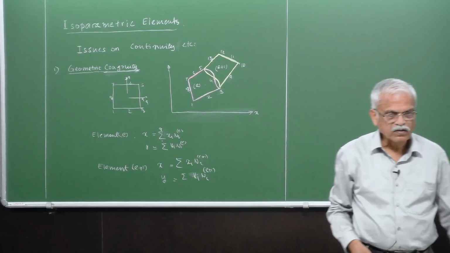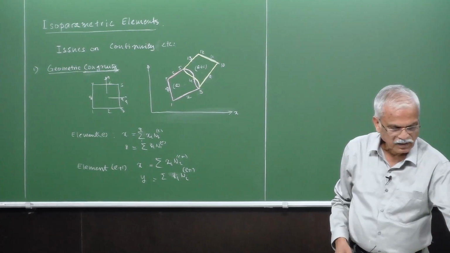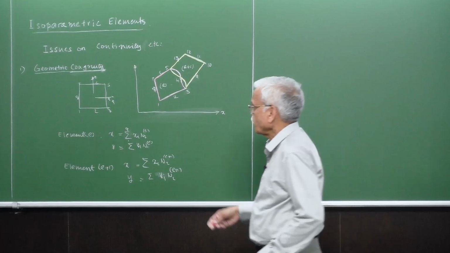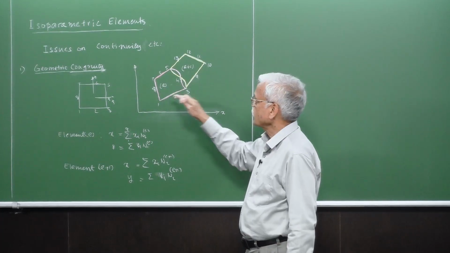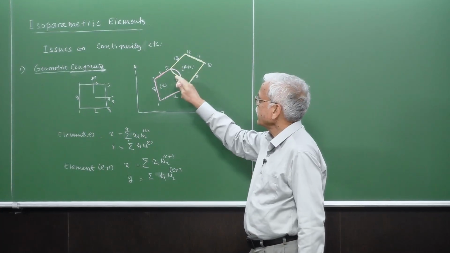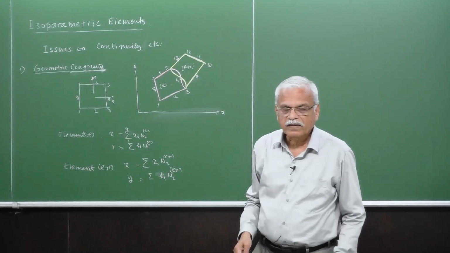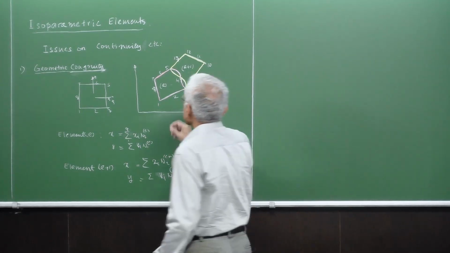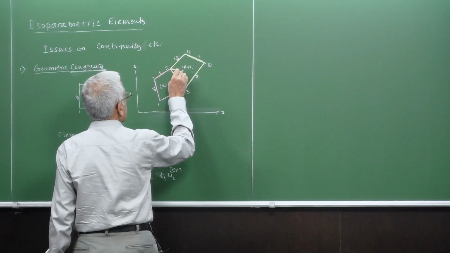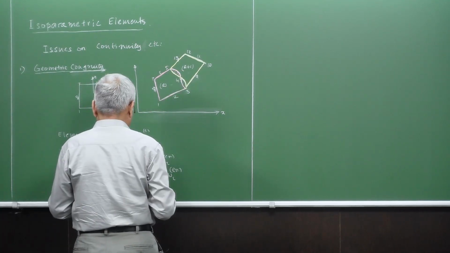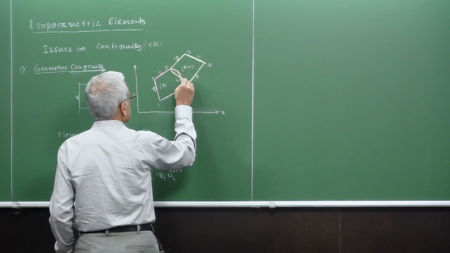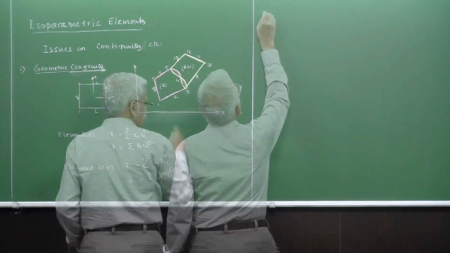So this is not acceptable, because the real surface, which is in the xy coordinate, is either having some gaps formed or some overlapping taking place, right? Some overlapping may be taking place, which is not acceptable.